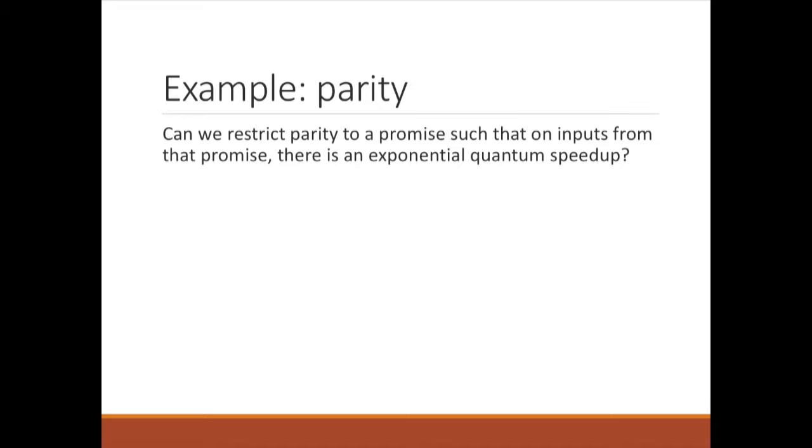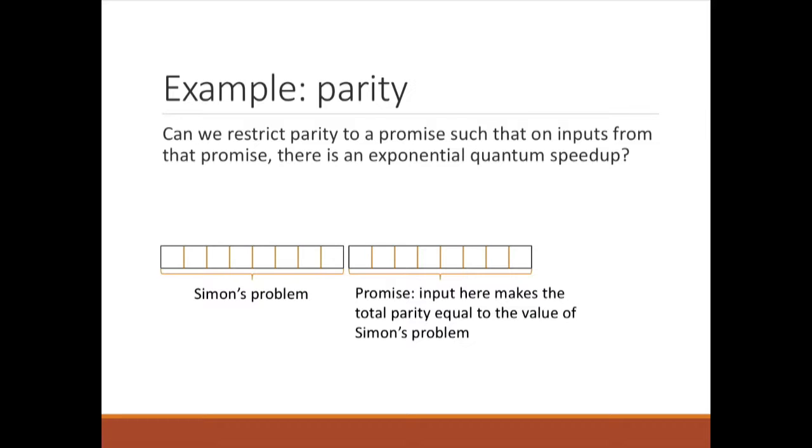There's a trick you can do, which looks something like this. Let's split the input into 2 parts. Now, we want the parity of all the boxes, right? But we'll cut it up here. And over here, we'll add in the promise that this part of the input satisfies the promise for Simon's problem, which is just a problem that we know you can do exponentially faster with quantum algorithms.